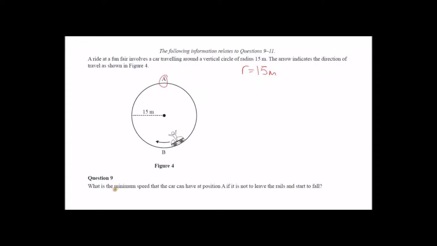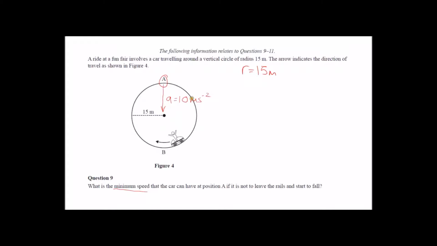Now there's a couple of things they're telling you about here. So the minimum speed, so they're saying exactly the car is following the circular path and not starting to fall. So what that means is that the acceleration of the car, the centripetal acceleration of the car, at that point is exactly 10 meters per second squared.